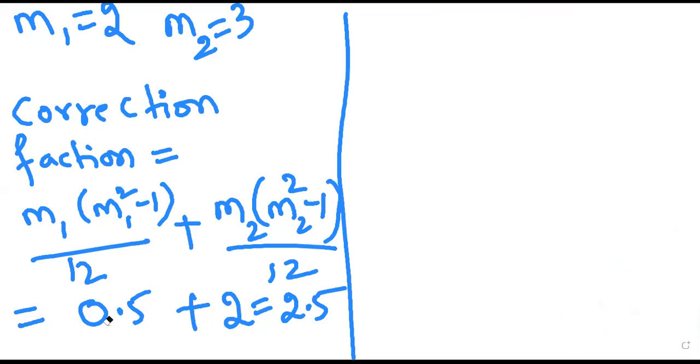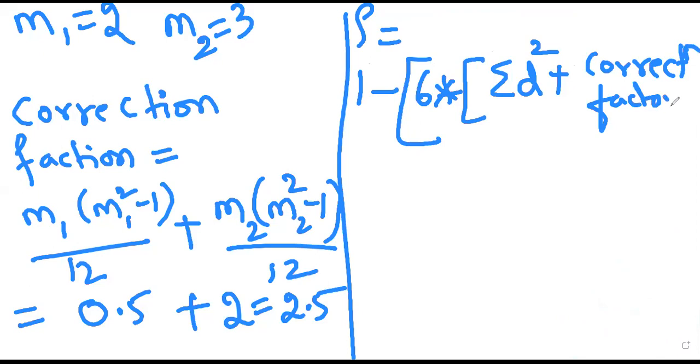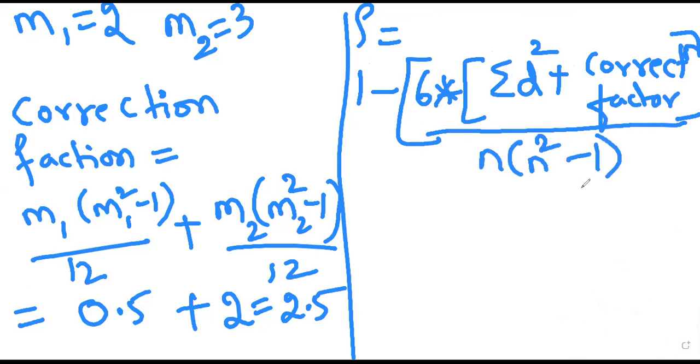Once this is done, we'll determine the rank correlation. Rank correlation is 1 minus 6 into summation d square plus correction factor. Here there is not much confusion, because you only have to add the correction factor to summation d square.